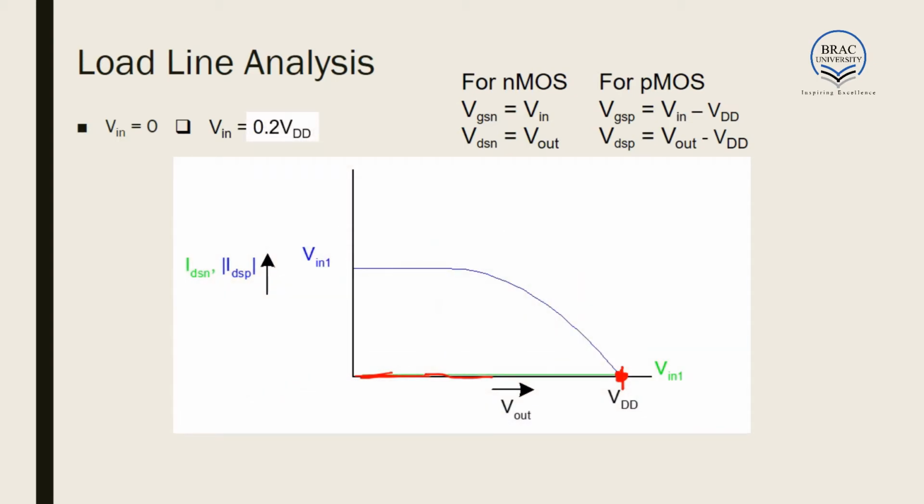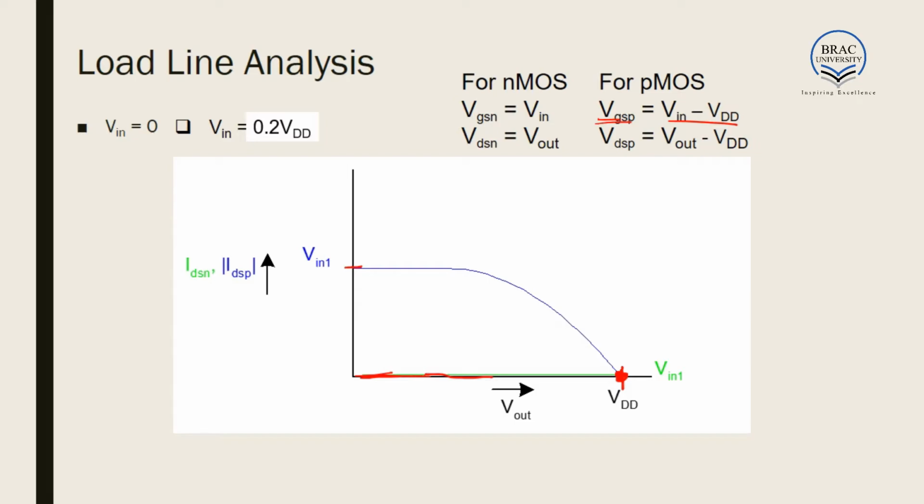If we increase Vin to 0.2 volts, we can see that the level of current in the PMOS decreases. Why does that happen? That happens because if Vin increases, Vin minus VDD eventually decreases. As a result, VGSP decreases. Decrease in VGSP eventually decreases the current.